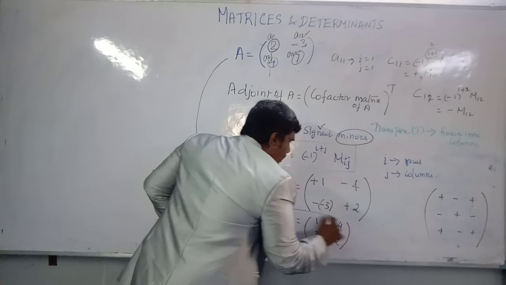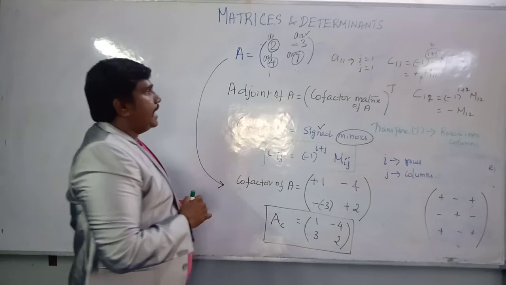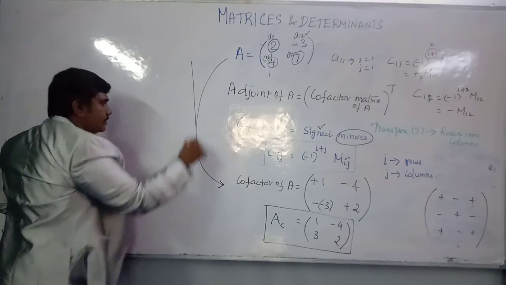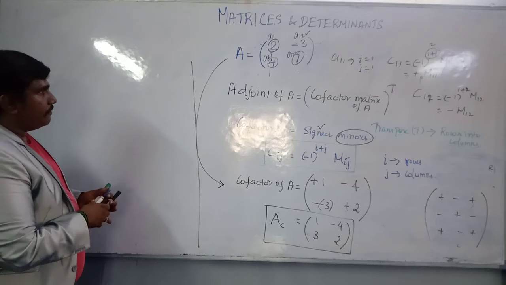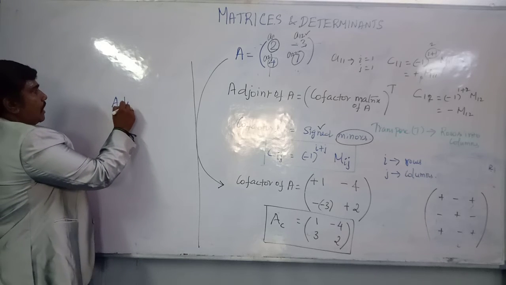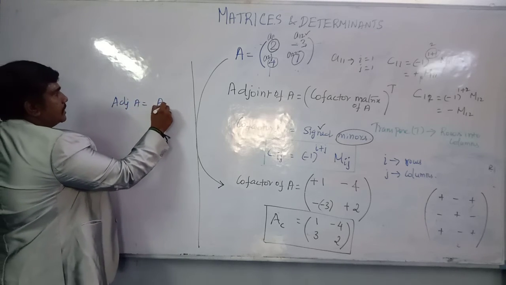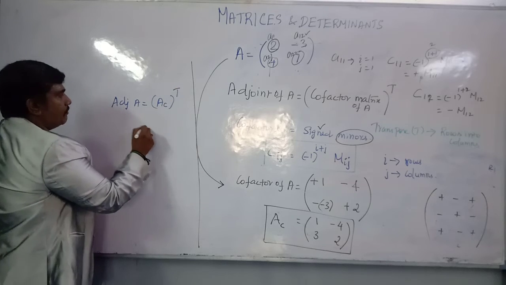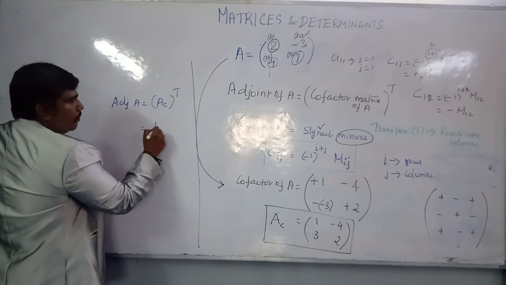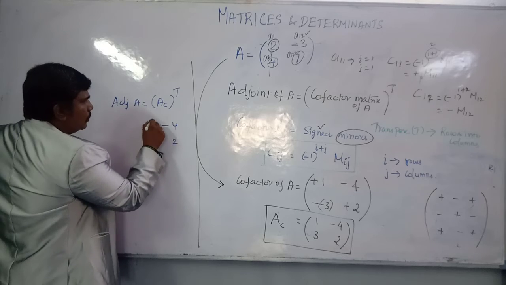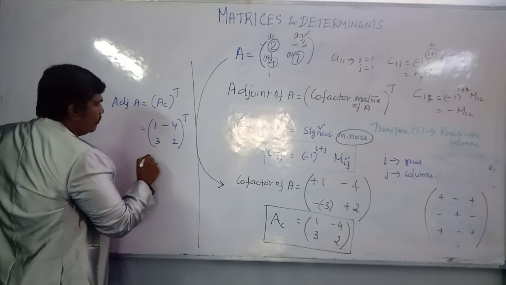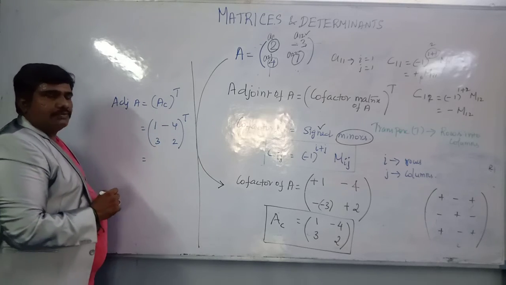Now our aim is to find the adjoint of A. The adjoint of A is nothing but the transpose of the cofactor of A. Here we have 1, minus 4, 3, 2. This is the cofactor matrix that you have found, and we have to find the transpose of this.